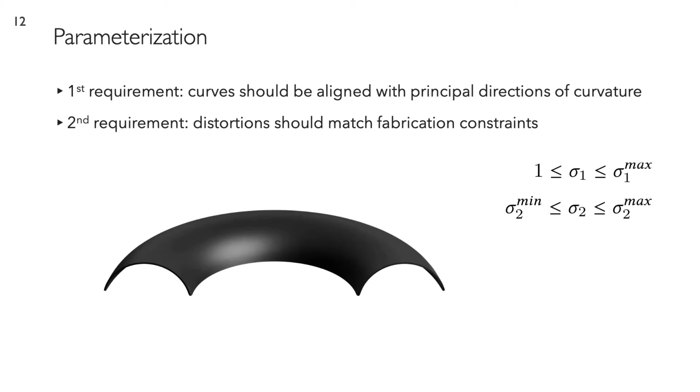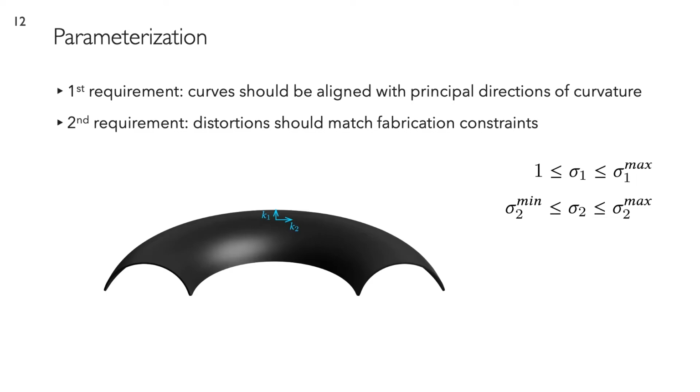The second requirement is that the distortions induced by the ribbon pattern that we are going to generate have to stay within some specific bounds given by the fabrication constraints. If we look at one point in this torus, for example, we can compute the principal curvatures, and we know that if there is a ribbon passing through that point, it will have to follow K1, which is the direction of maximum curvature.